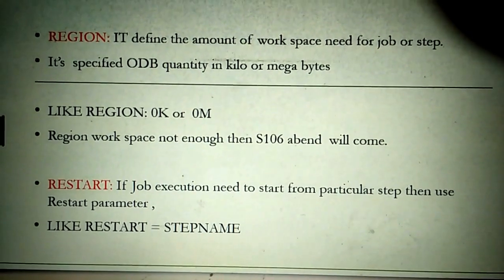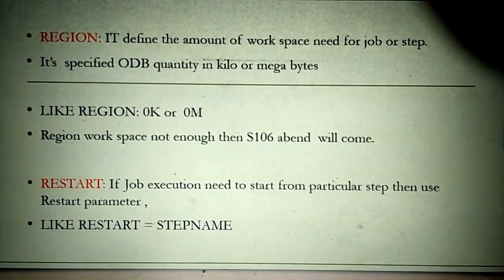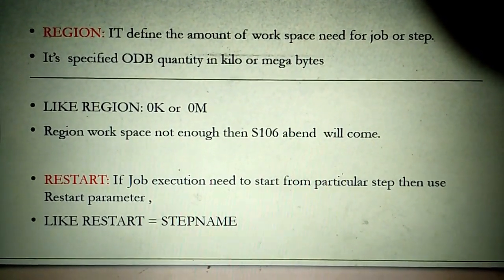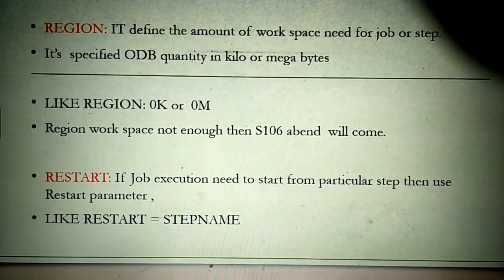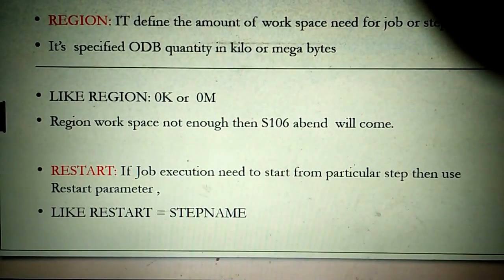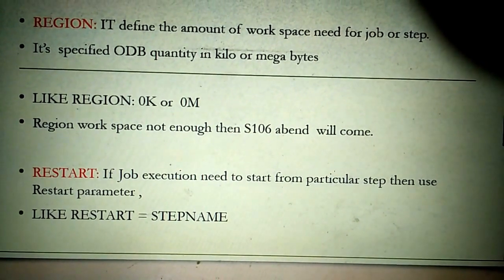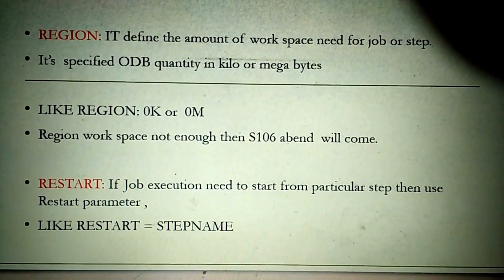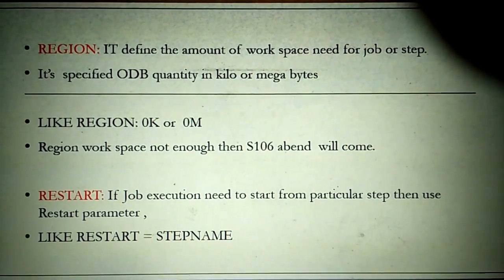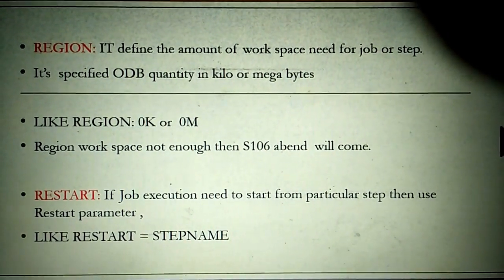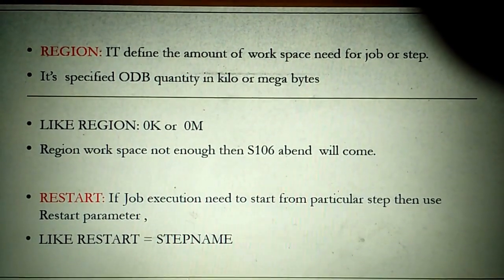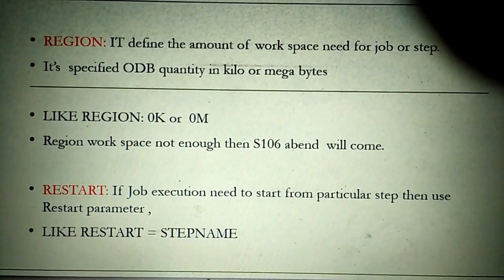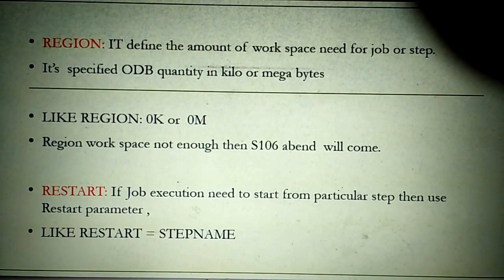Restart parameter. If job execution needs to start from a particular step, then we use the restart parameter, like restart equal to step name. For example, I have 10 steps, but now the requirement is that we need to start from the fifth step, because a few programs depend on the fifth step and will run after 1 hour.